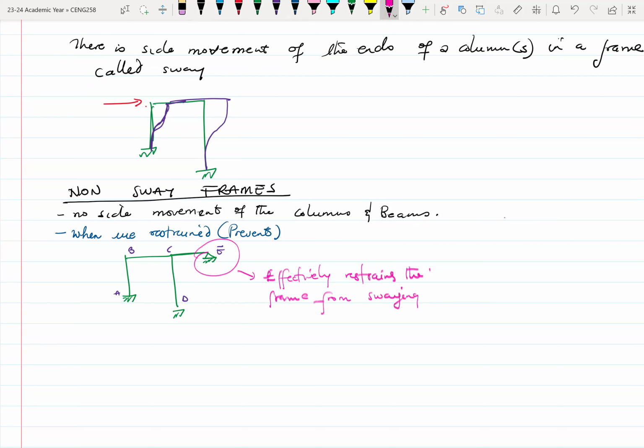Okay, so let's take note of that. So it means that even if you apply whatever load over there, because of the pin support, it could be a pin, it could be a fixed support. It's one of the two. If it's a roller, there'll be sway, right? Well, again, it also depends on the orientation of the roller, but typically a pin support and then a fixed support at joint E will prevent any form of sway. So that's one way to look at, I mean, to have a non-sway.